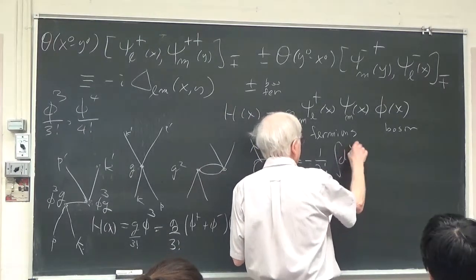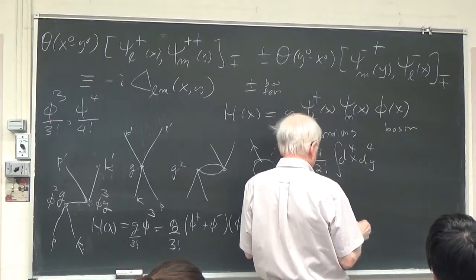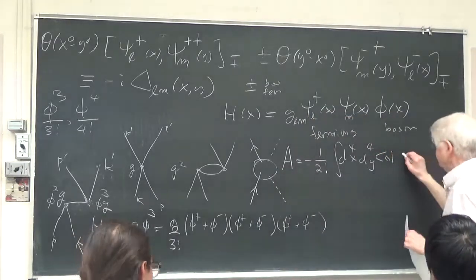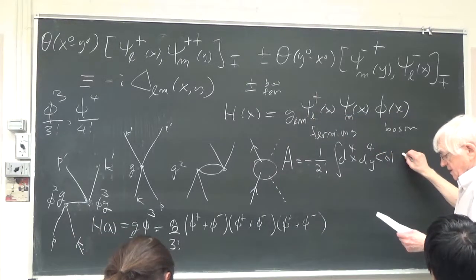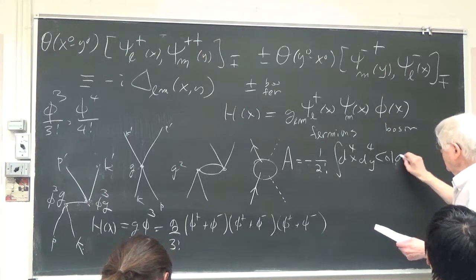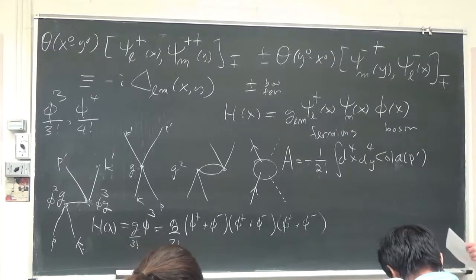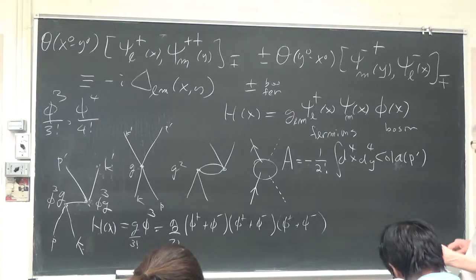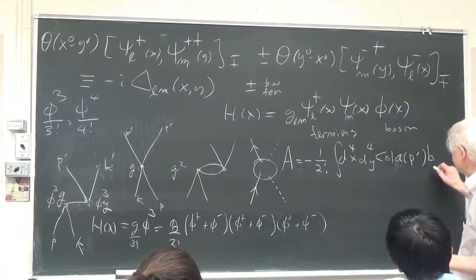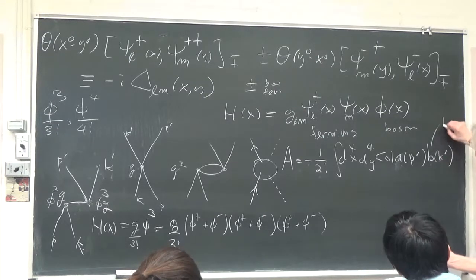And then you have an integral, and I'm going to write it as d^4x, d^4y, then the vacuum, and A of p prime, this is the annihilation operator corresponding to the final fermion. And then I've written B of k prime for the annihilation operator for the final boson.